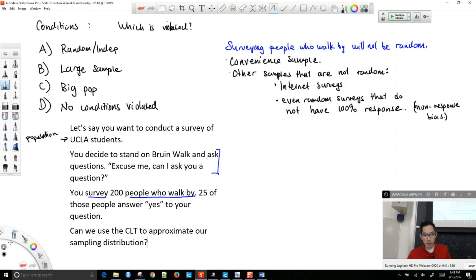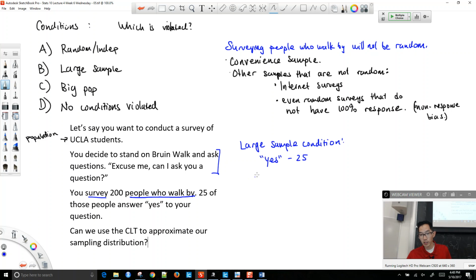Okay, let's take a look at the other conditions. Large sample condition, this is met. The number of successes, the number of yeses, we have 25.